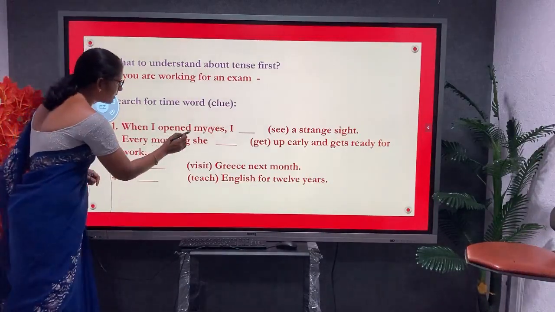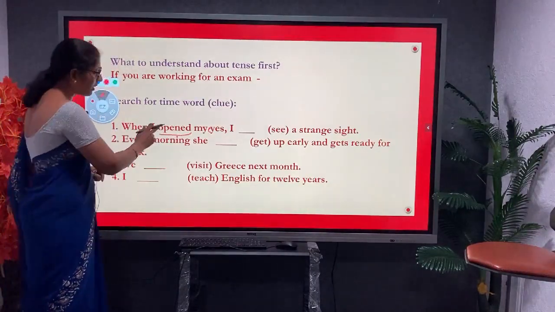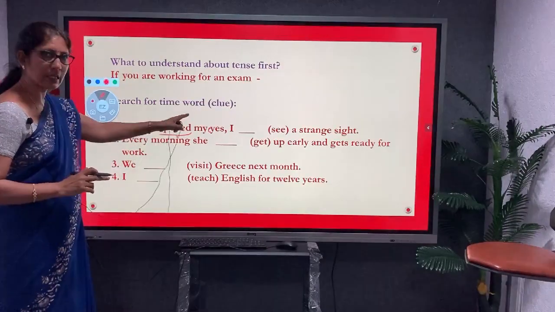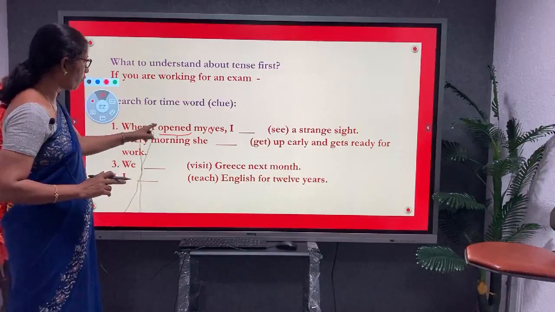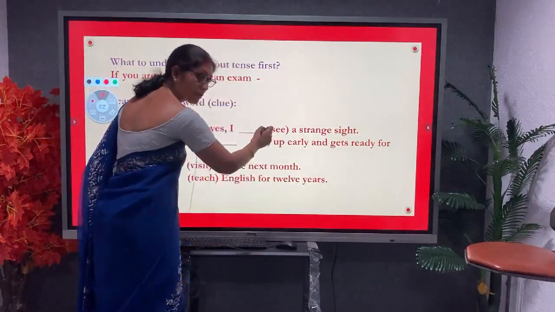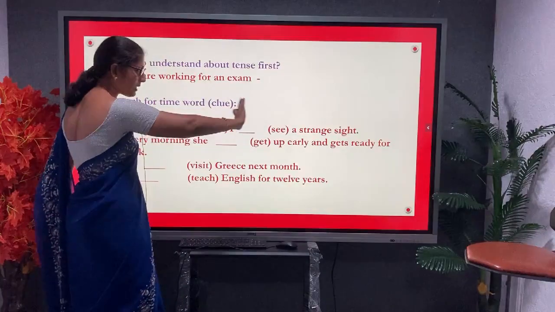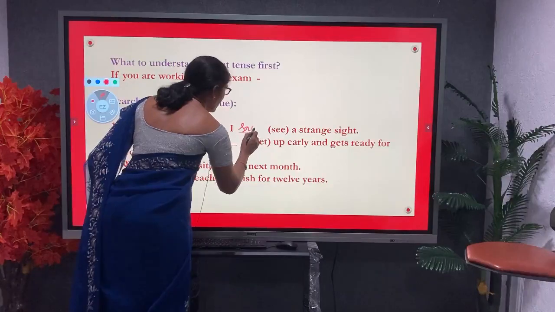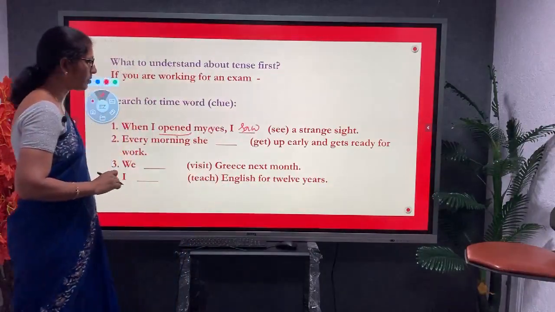Here one clue is given: opened. You know that it's a past verb. That means this sentence is in the past tense. So when I opened my eyes, I saw. This verb also should be in the past tense. So the whole sentence is in the past tense. I saw a strange sight.